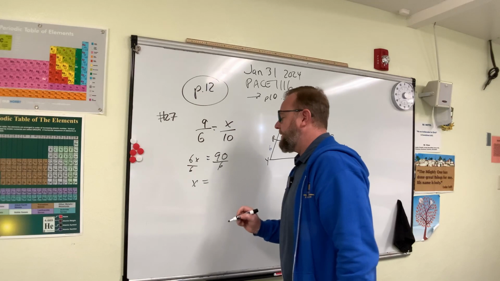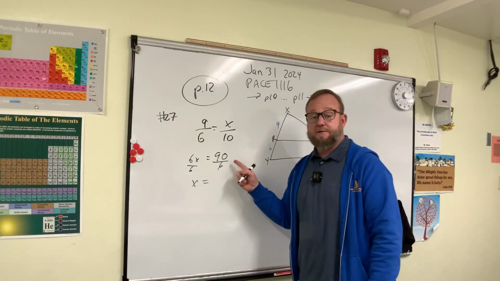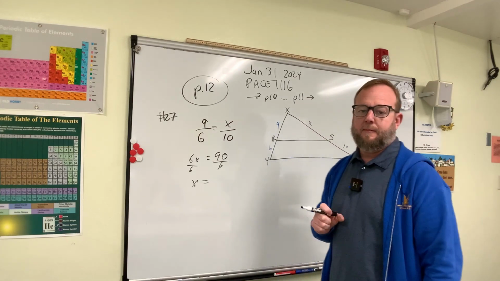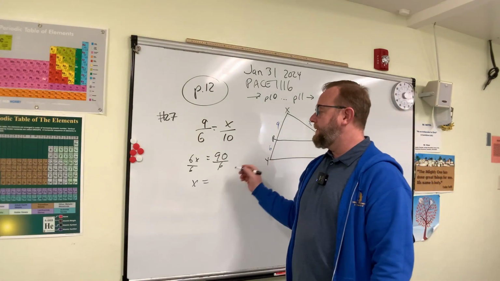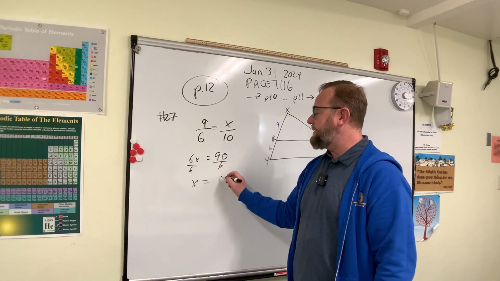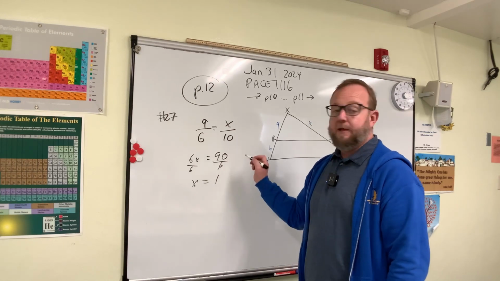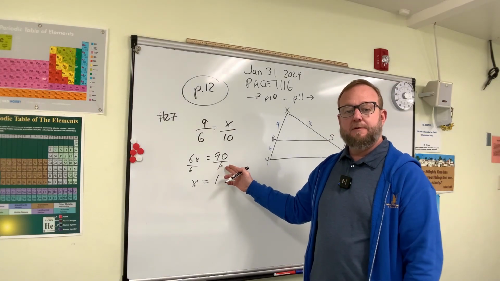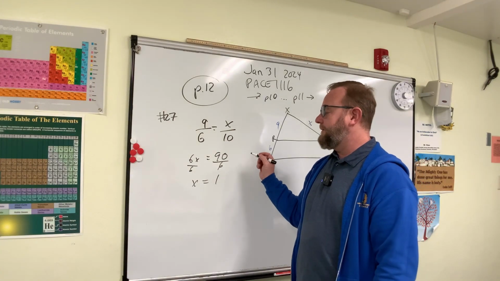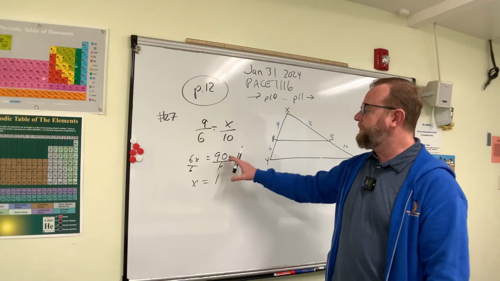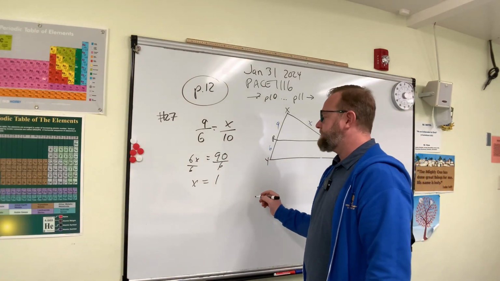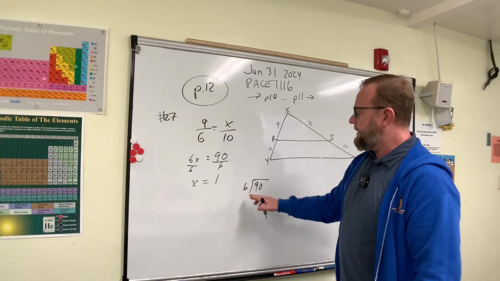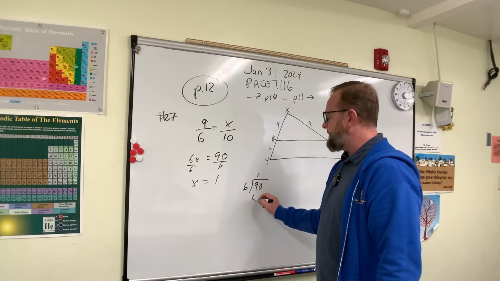Does 6 go into 90 evenly? 6 goes into 9 one time. 1 times 6 is 6.